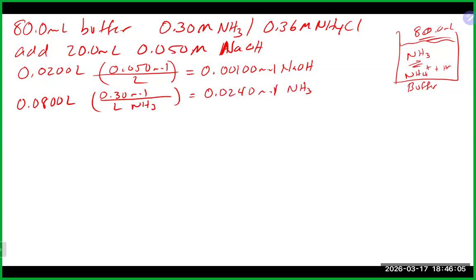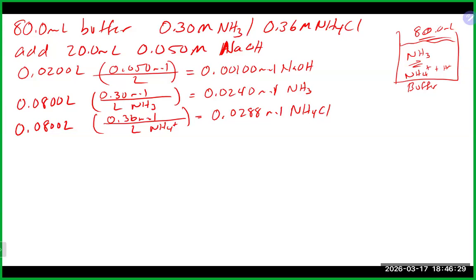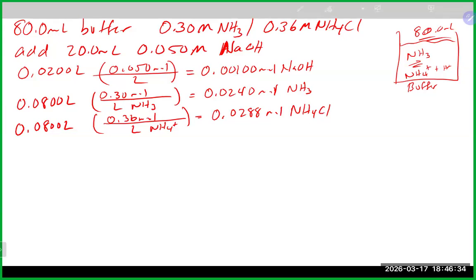And again, the 80 milliliters goes for our other buffer component because they are sitting in the same beaker: 0.36 moles per liter NH4 plus in this case. 0.08 times 0.36, 0.0288 moles of NH4Cl.